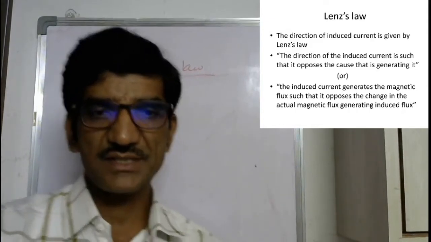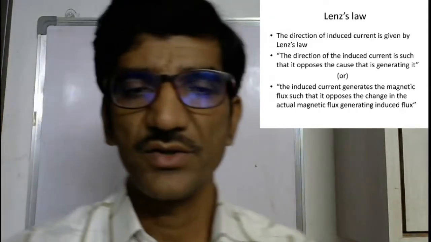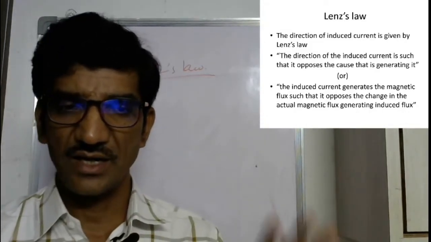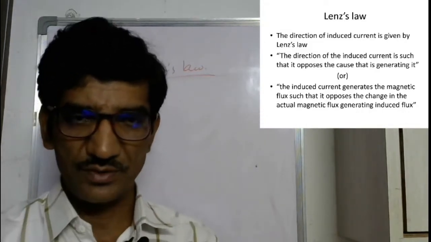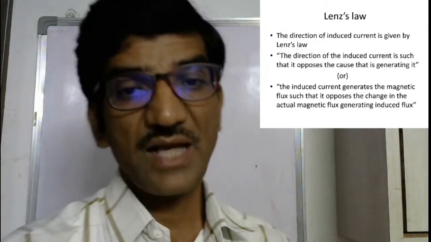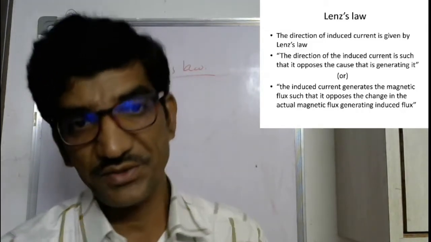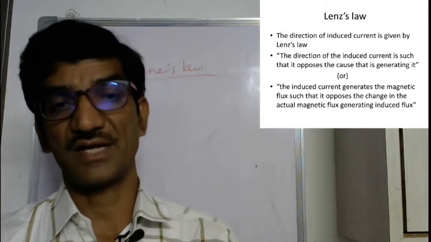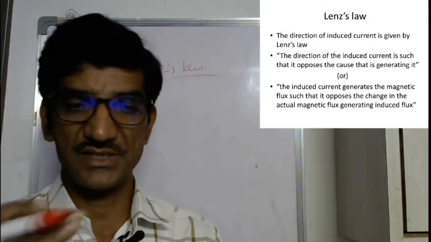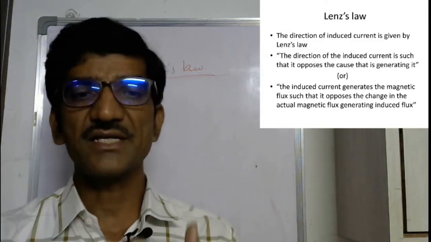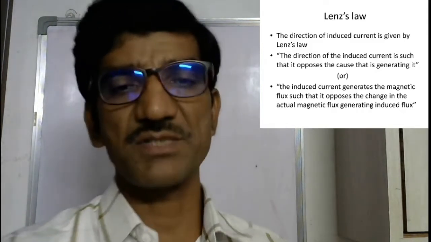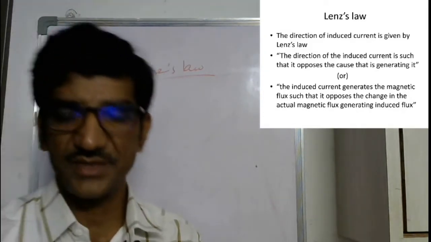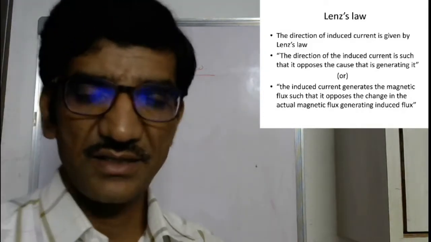Obviously, from Oersted's discovery, you have some magnetic flux around that loop. The direction of the induced current is such that this flux opposes the changes in the flux that is responsible for the induced current. You may also state Lenz's law in this manner.